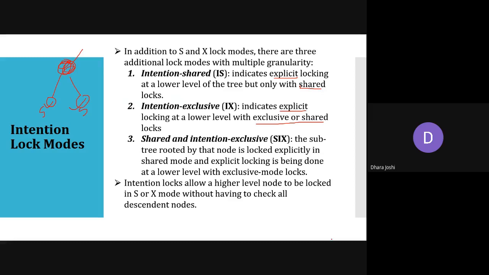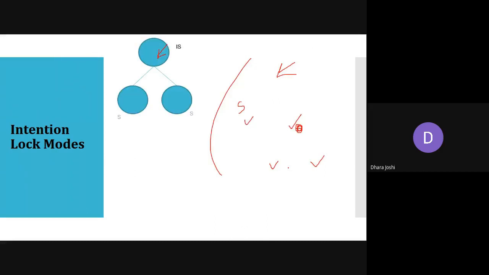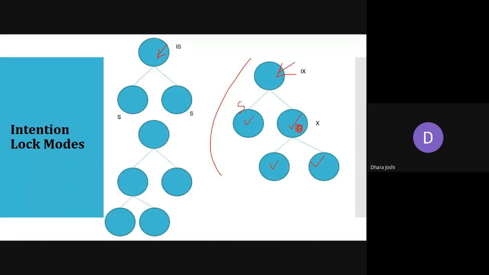The third one is shared and intention exclusive. The subtree rooted at that node is locked explicitly in shared mode, and explicit locking is done at the lower level with exclusive mode locks. That means suppose we have this kind of tree and I am applying shared and intention exclusive on this node.